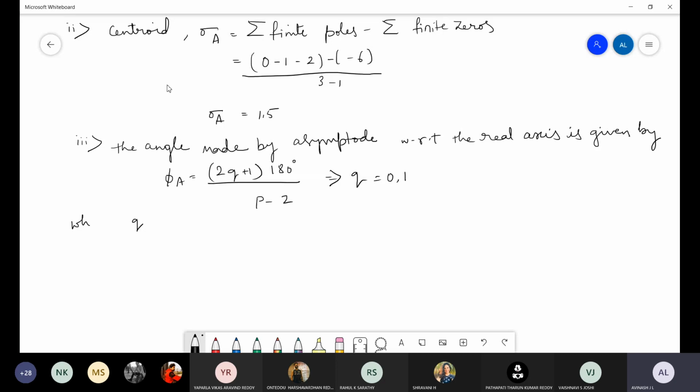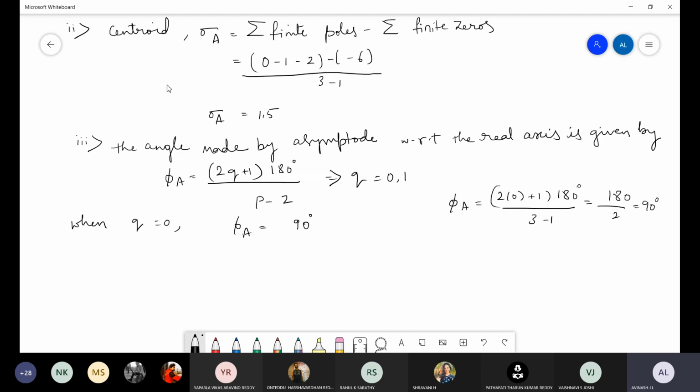So when q equal to 0, phi a will be 2 into 0 plus 1, into 180 degrees divided by 3 minus 1, that is divided by 2.